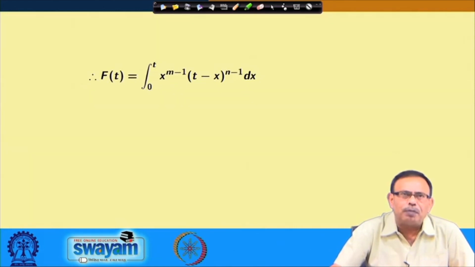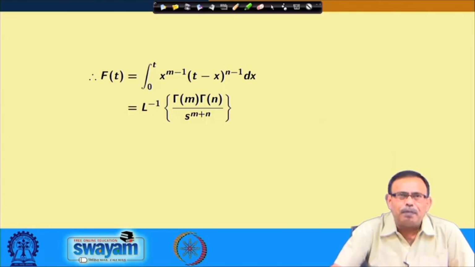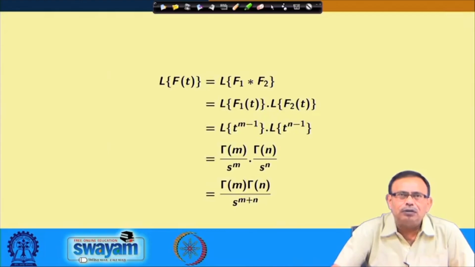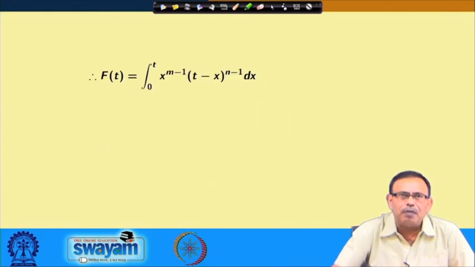So, now start with the problem. Your f(t) is integral from 0 to t of x to the power m minus 1 into (t minus x) whole to the power n minus 1 dx, and this now you can write down as the Laplace inverse of this, because the Laplace transform of f(t), in the earlier one we evaluated as gamma m gamma n by s to the power m plus n.